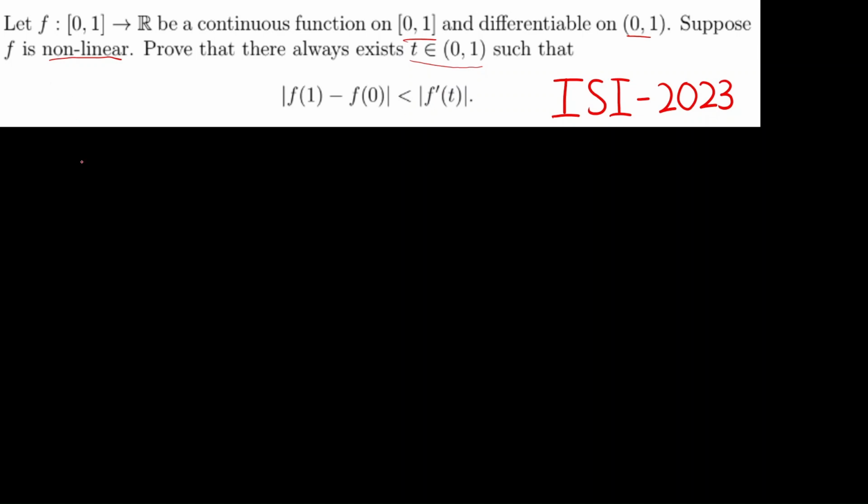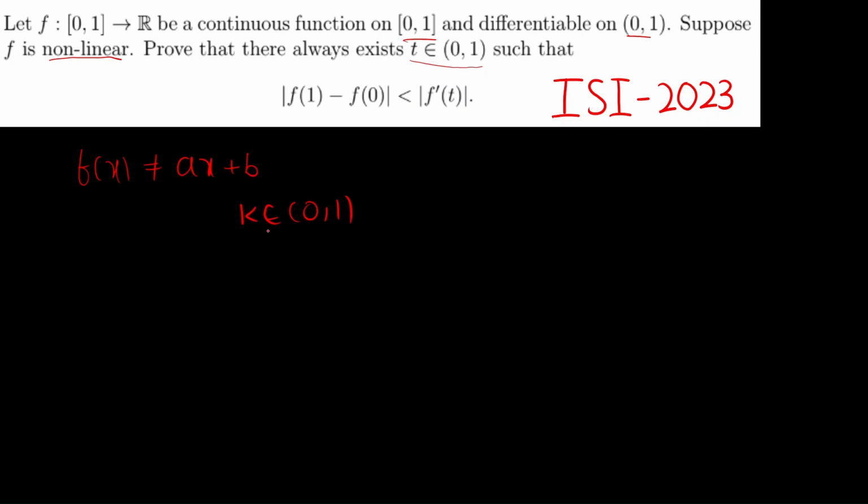We are given that f is non-linear, which means that f of x is not of the form ax plus b. Now what we'll do is, we'll take an arbitrary point k belonging to 0, 1 and then apply LMVT.